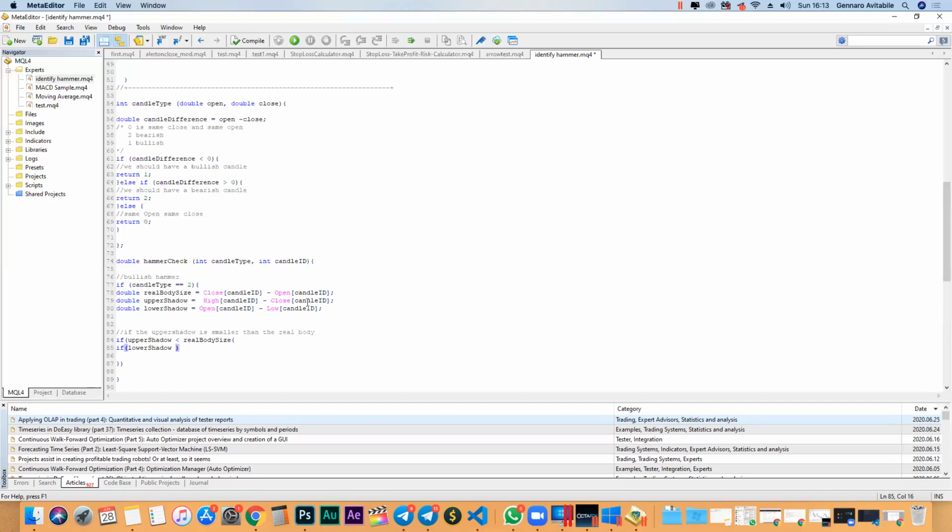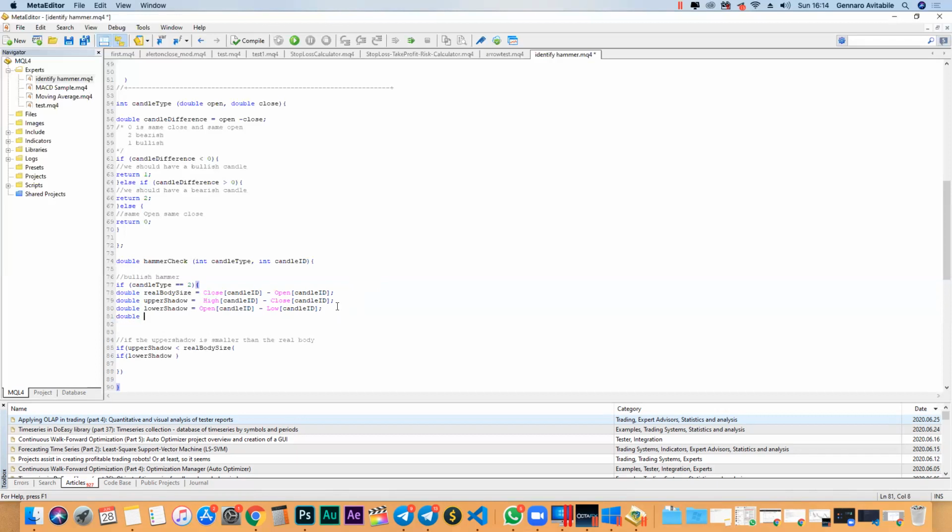So what we need to do is understand if the lower shadow is going to be between 2 and 3 times the size of the real body. How are we going to do this? The lower shadow has to be smaller. All right, so we're going to have to do something different, I believe. So we need to have the minimum and the maximum.